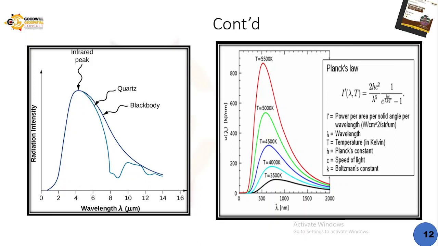The I is what you call the power per area per solid angle per wavelength, mostly expressed as the intensity of radiation. Then the k here is the Boltzmann's constant. So once you are able to compute this, you can know the intensity of your radiation, or the power per area per solid angle per wavelength.